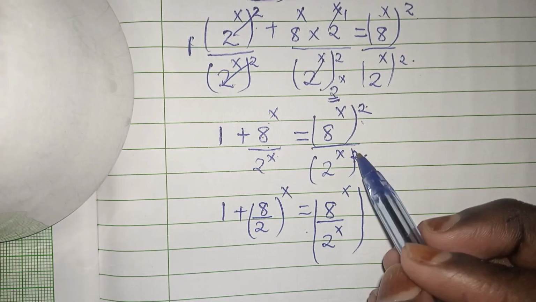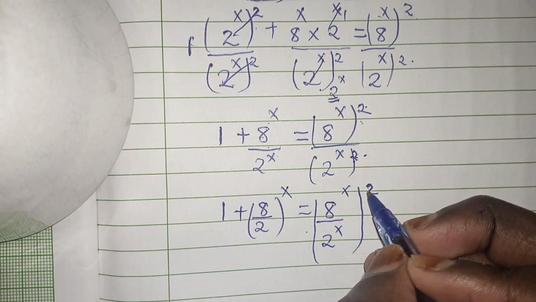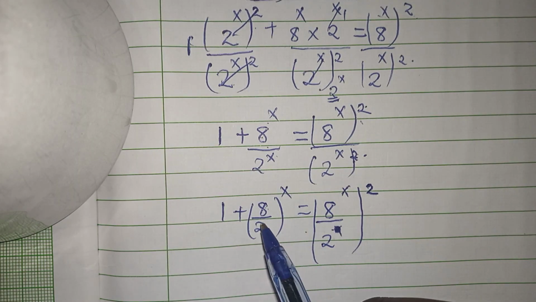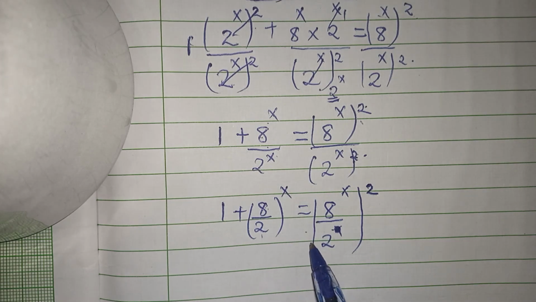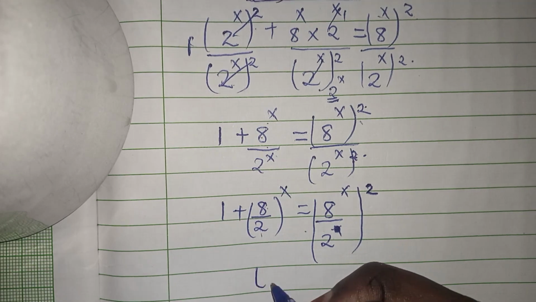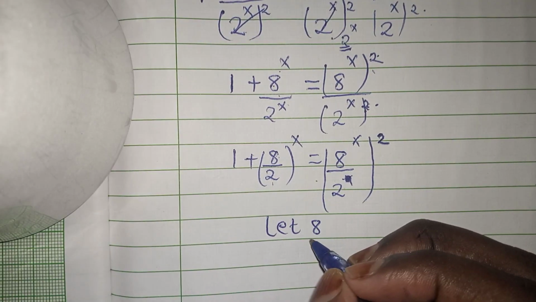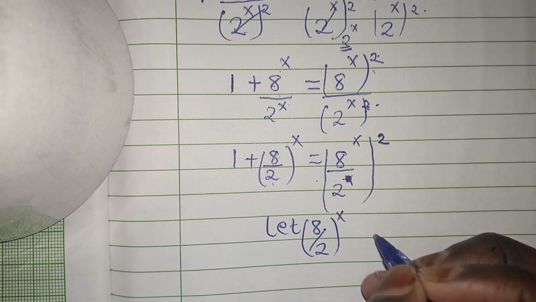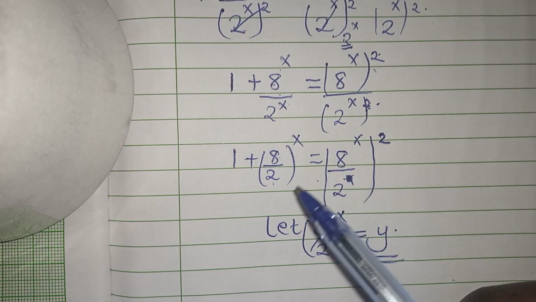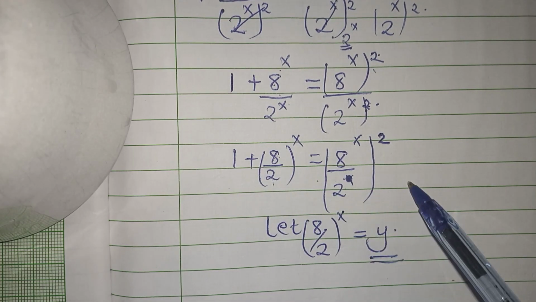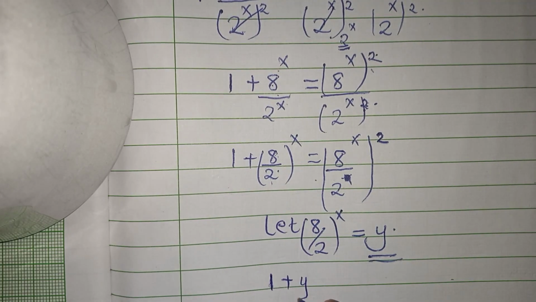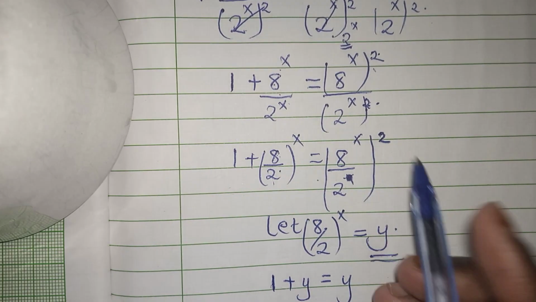So you can see 8 over 2 to the power of x is common on this side. So let 8 over 2 to the power of x be y. So I'll substitute this y in this equation here. So this will be 1 plus y is equals to y squared.